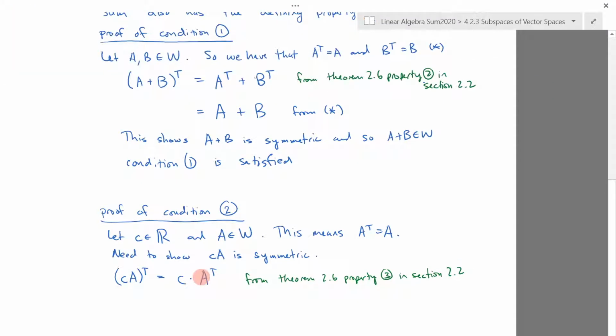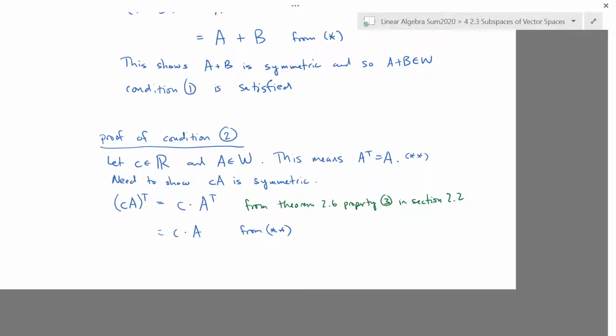And now just like before, A transpose is the same as A. So this shows that C times A is symmetric, and so condition 2 is satisfied.